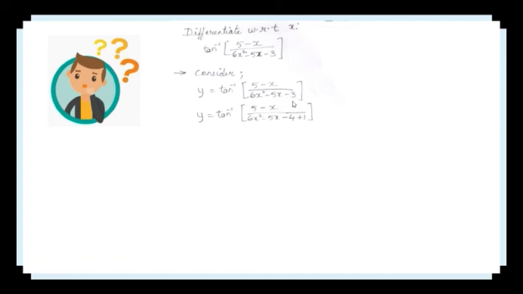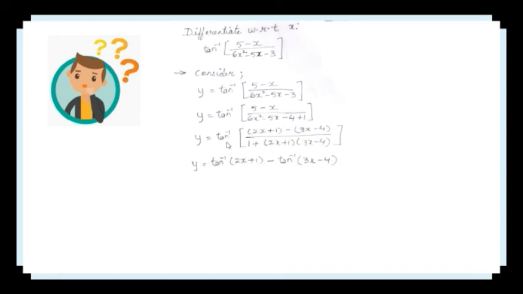Now minus 3 I can write as minus 4 plus 1. Then I need to take the factors of 6x square minus 5x minus 4, because this is the quadratic equation, and we can find out the factors. So how will it be?